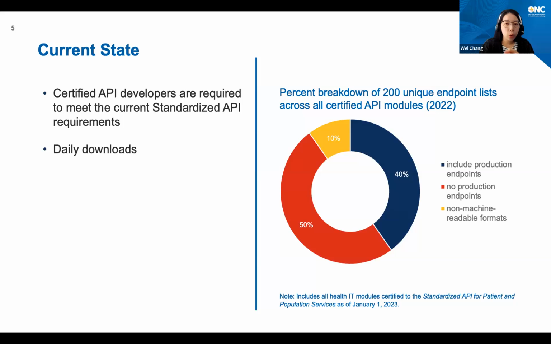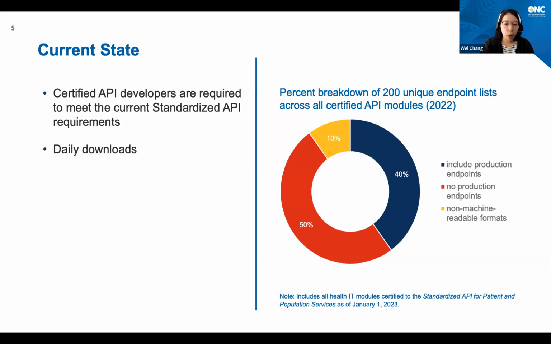And as we continue to track the progress, these results are similar to what we're seeing in the first half of 2023. And the lack of any endpoints from half of all certified API modules at the end of 2022 confirmed our early predictions that publication would not be uniform across certified API developers.